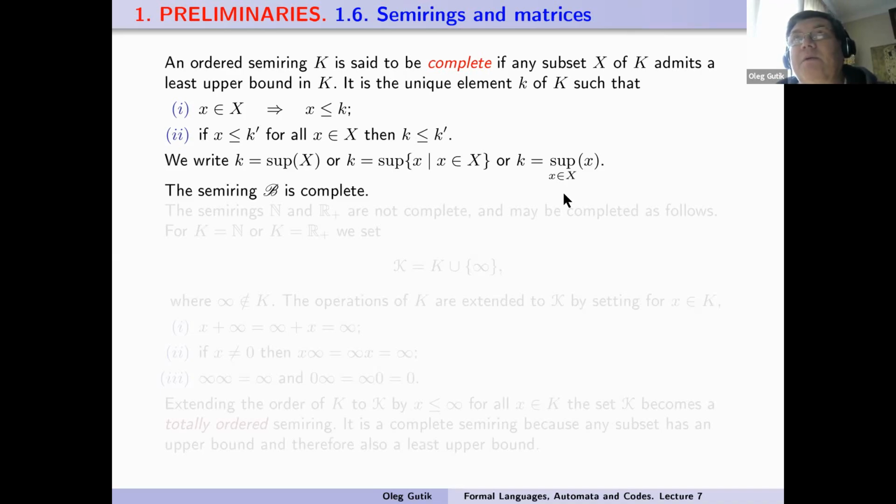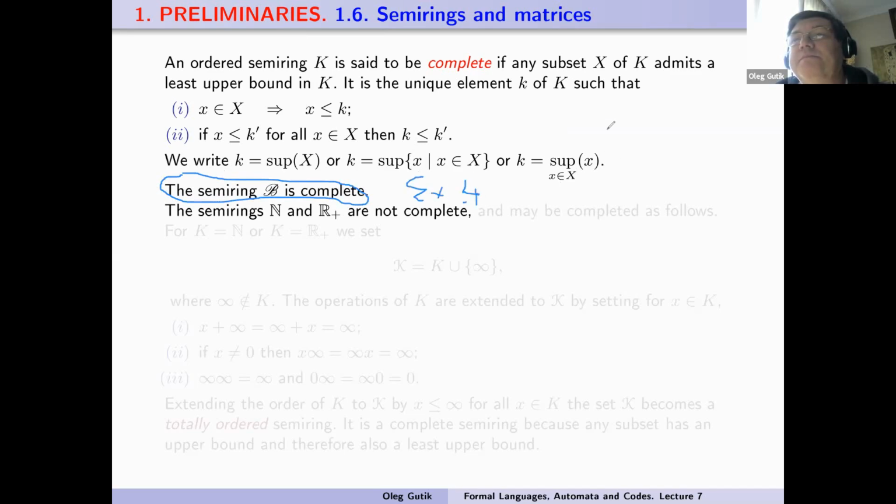So the semiring B, the Boolean semiring, is complete, but the semirings N and R plus are not complete. I propose for you to prove this statement as exercise 4.